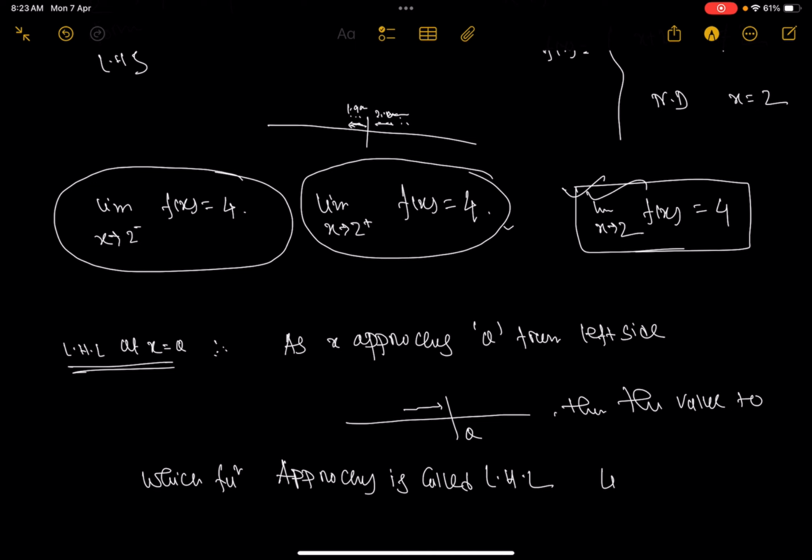It is denoted as limit as x extends to a minus of f of x. If it exists, a finite number L1 is the limit.